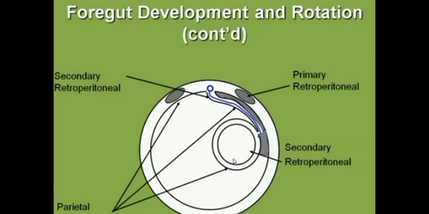When we look at this schematic diagram, we can point to 4 different organs or structures that are retroperitoneal in the adult. This piece of gut tube is retroperitoneal, its blood supply is retroperitoneal, the kidney is retroperitoneal, and the aorta is retroperitoneal.